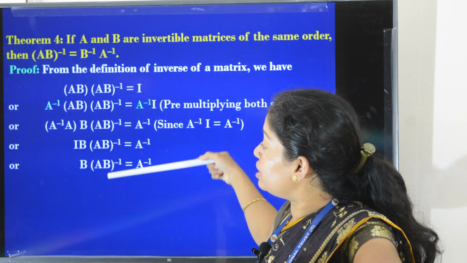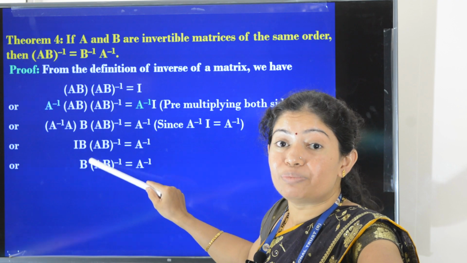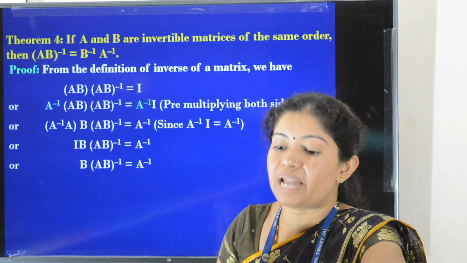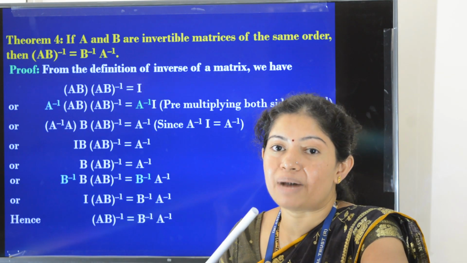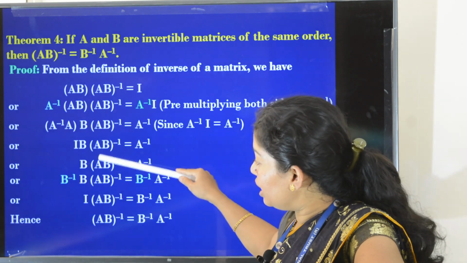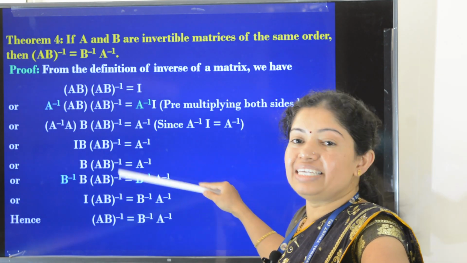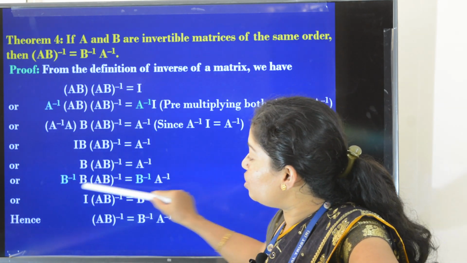We have reached half of this destination. Here we have B. So how do we remove this B? We need to multiply by B inverse. So next step, let us pre-multiply by B inverse. So B inverse into B into AB whole inverse is equal to B inverse into A inverse. Now B inverse into B is what?